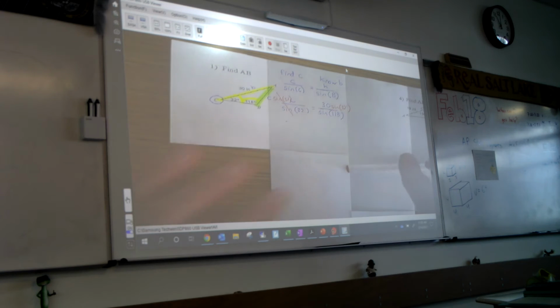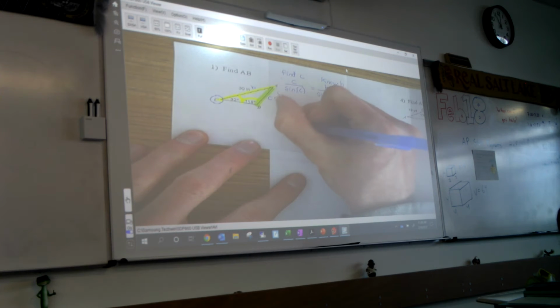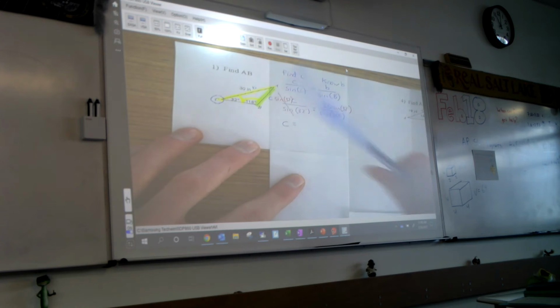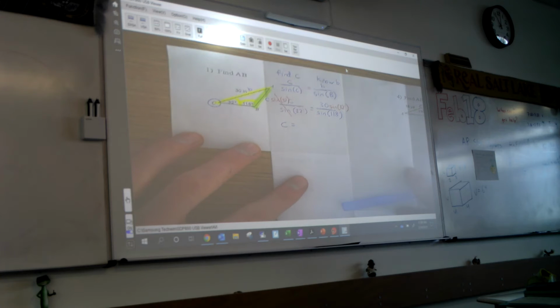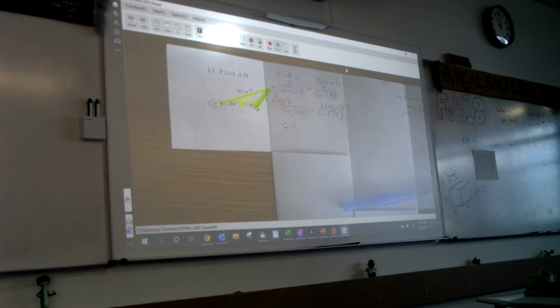Now, before you get your calculator and start typing this in, you need to check your mode. What mode should you be in? Degrees, because your angle is given in degrees. So you're going to go on your calculator. Mode is right next to the blue button. Make sure it's in degrees. And then you're going to type in that whole thing. 30 times the sine of 32.